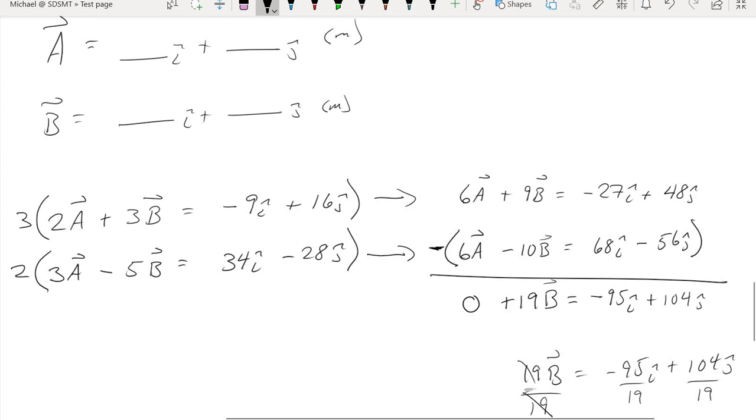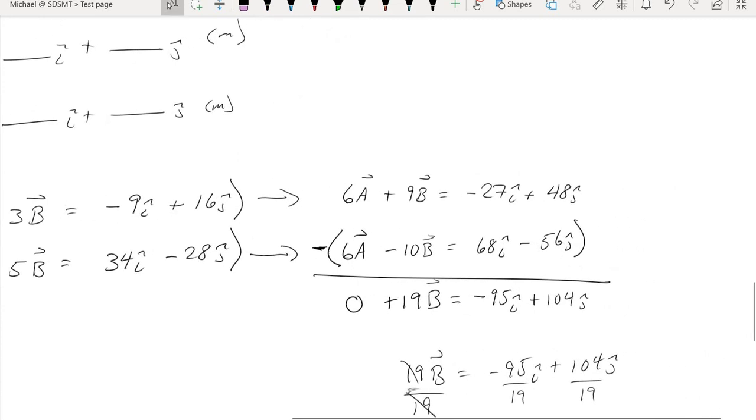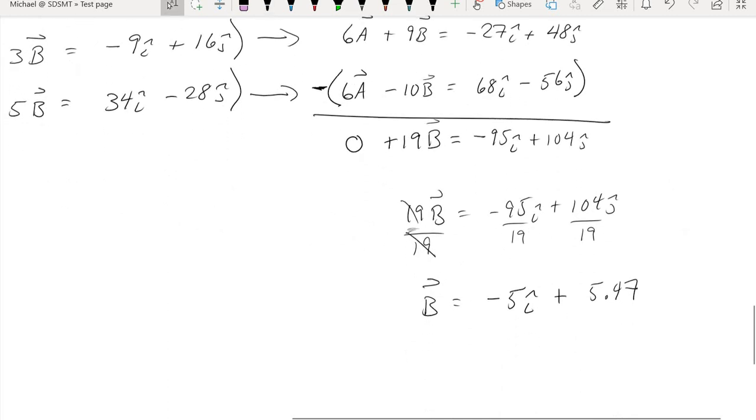So now we'll check my subtraction. 9 and 10, negative 27, negative 95, yep. 48. Oh, looks like all my math is correct, so maybe my original solution was incorrect.